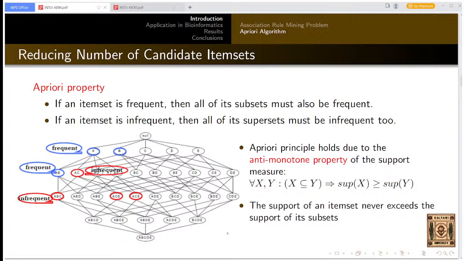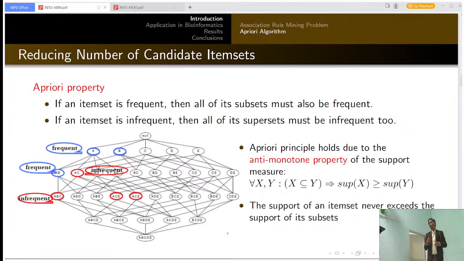So you start like the brute force algorithm. You start with all single item sets, compute their supports, and keep only those which are frequent. Then combine these to get 2 item sets, compute their support, and discard all the infrequent ones, so that their supersets are also not generated. And this way we proceed.